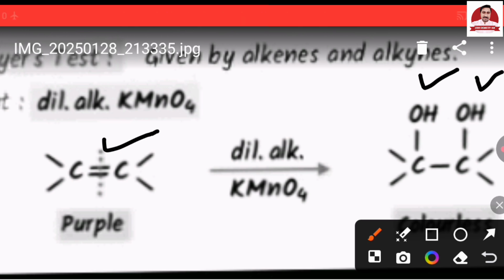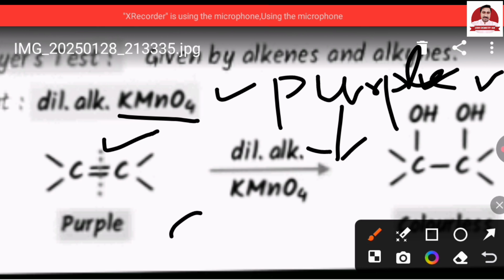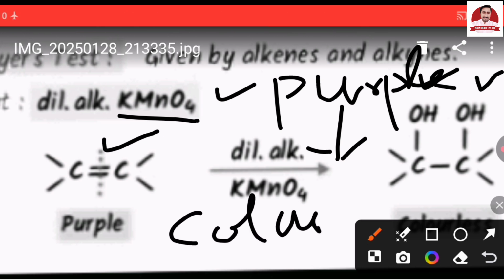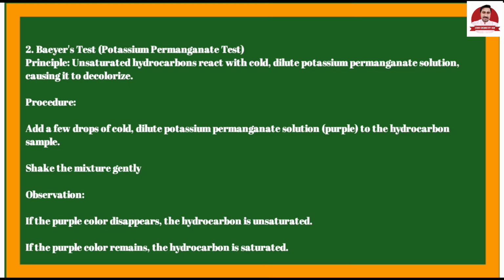In this way, the color of KMnO4, that is purple, will change into colorless. What is the principle of this Baeyer test?